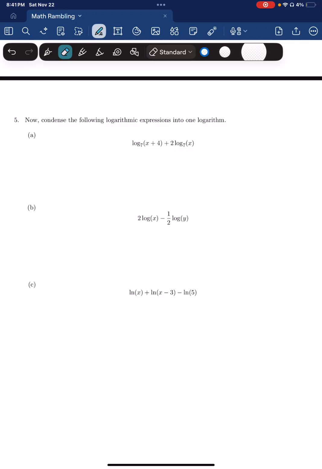All right, let's see. So we have log 7 of x plus 4 plus 2 log 7 of x. The first thing I'm going to do is move this exponent back in to get log 7 of x plus 4 plus log 7 of x squared.